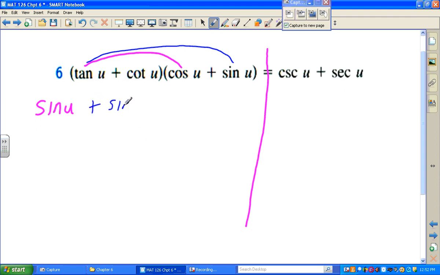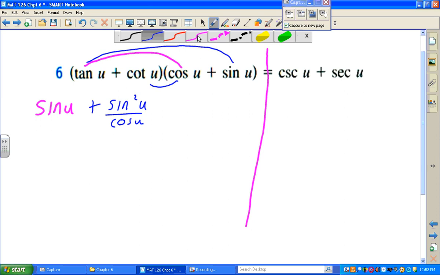Right, sine squared. Now, if you don't see that, you want to write in the individual steps, that's fine. What is cotangent times cosine? It'd be cosine squared over sine, wouldn't it?